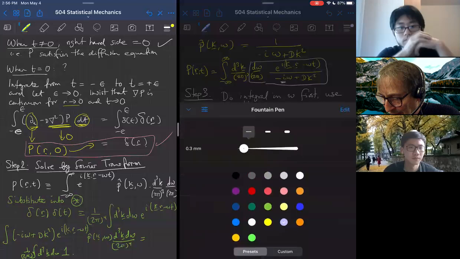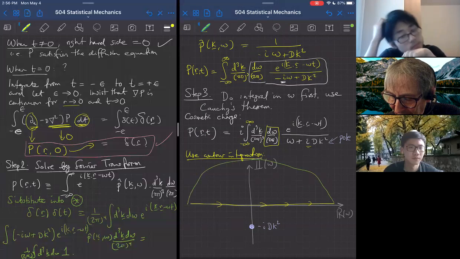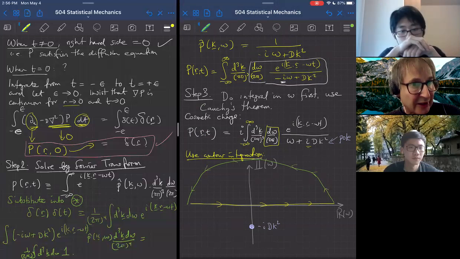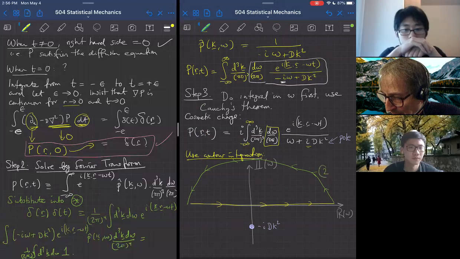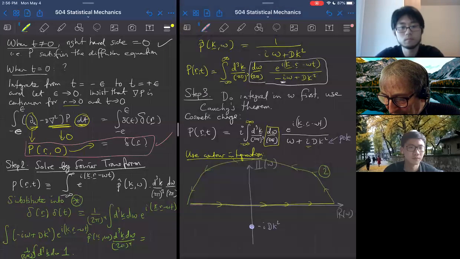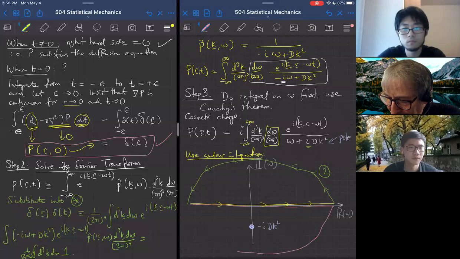I can do it by going along here and then completing an arc at infinity along the curve that I'm drawing over here, like this. And this I'm going to call curve number 2. And then I could also do it by going along here like this, and then coming round like that. And this curve is the one I'm going to call curve number 1.